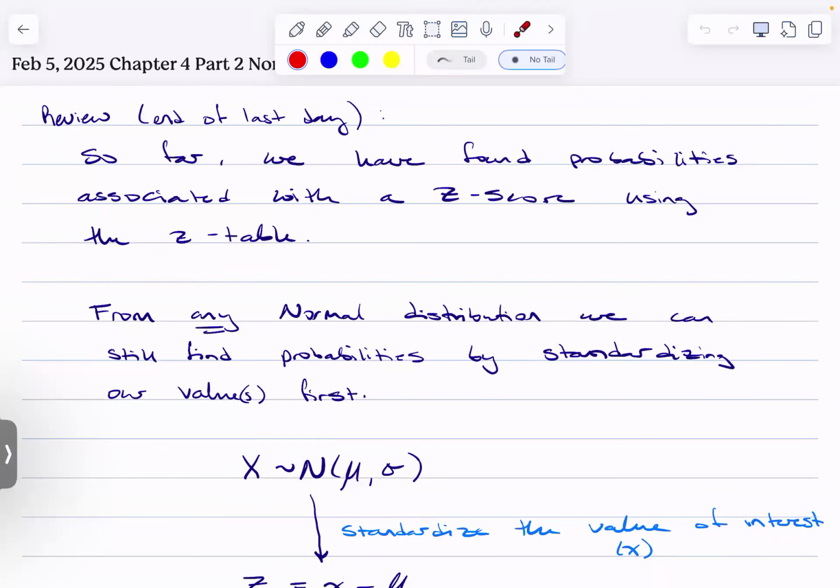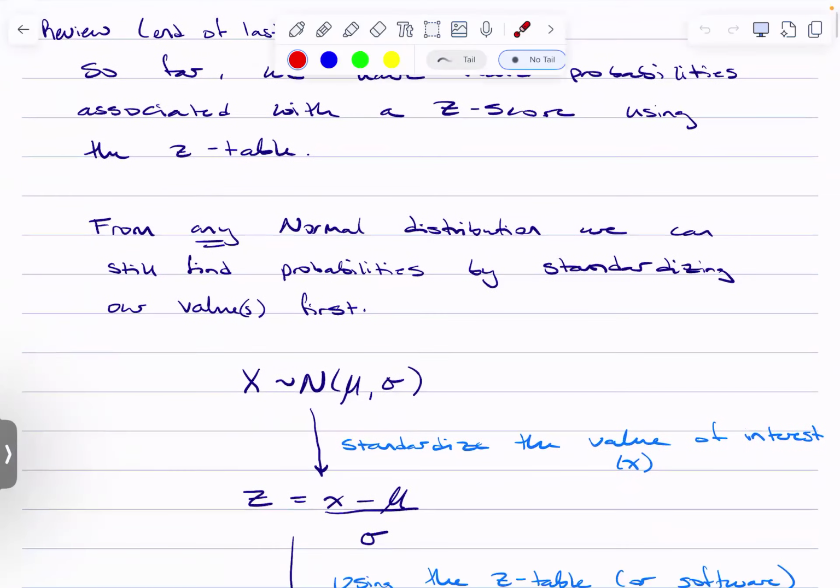So last day we learned the rules of the road for the normal distribution, and we talked about why we need the z-score. A z-score helps us find probabilities, so areas under the curve, but it also standardizes values. From any normal distribution, we can find probabilities by standardizing our values first.